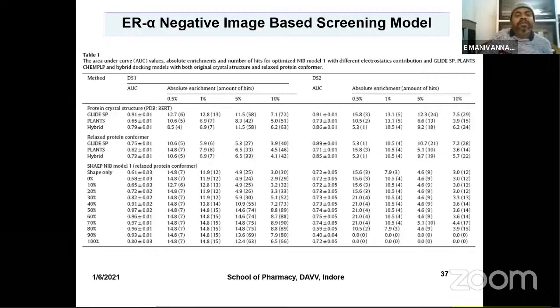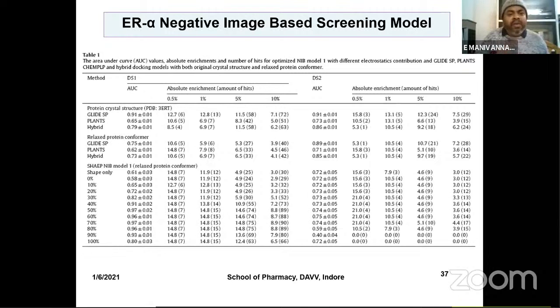For the relaxed conformation, that means the MD simulation ensemble structures, Glide SP shows 0.75 for dataset 1, and for dataset 2, it is 0.89. And for PLANTS it is 0.62. In both the static conformation and relaxed conformation, the Glide SP program shows the better area under curve value.